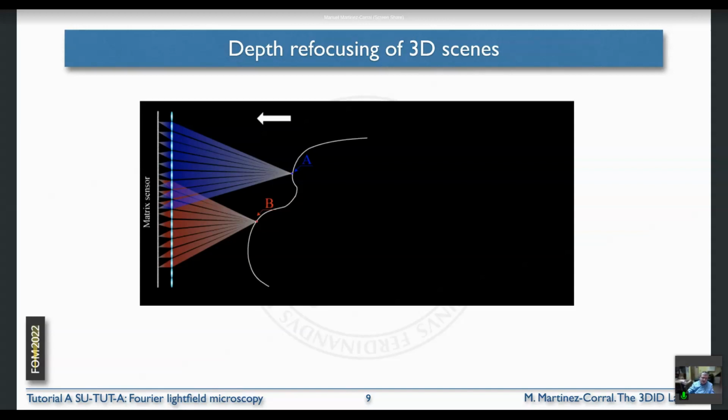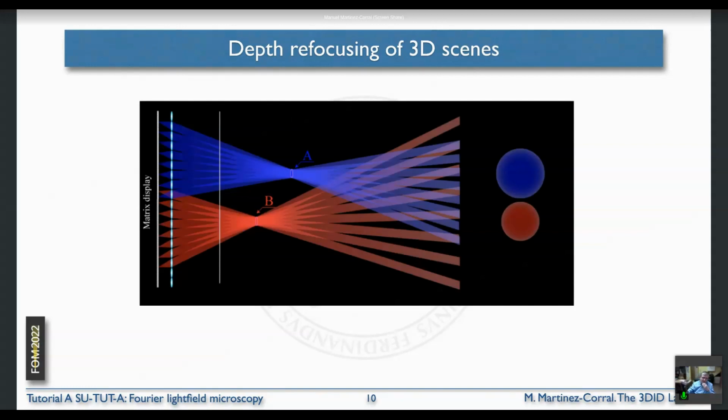We have the sensor, we have the microlens array, we have a 3D object, and I fix my interest in 2 of the points of the object. And we can see that any point is printing the corresponding pixels in the elemental images. This is the collection, but we can now display the 3D object.